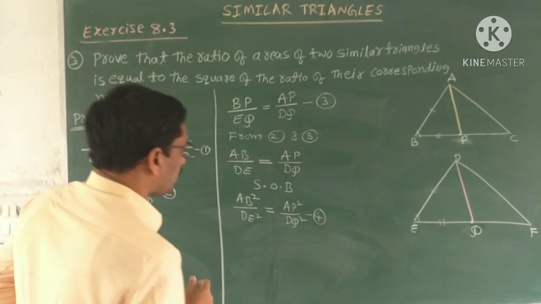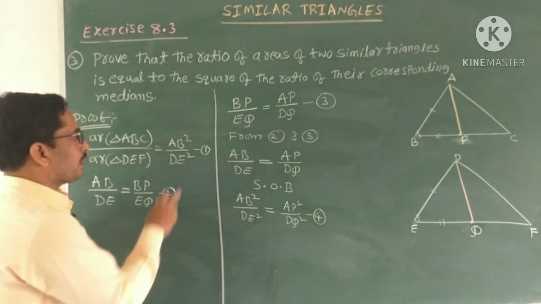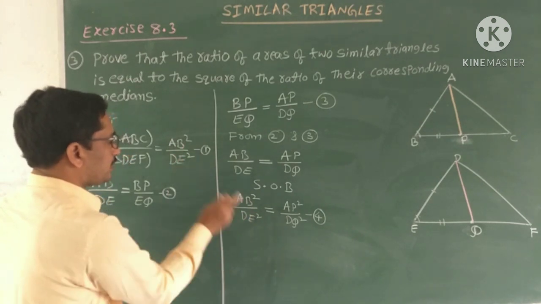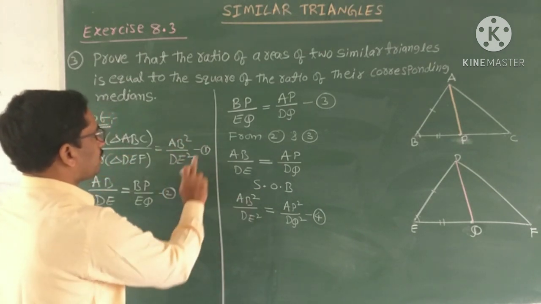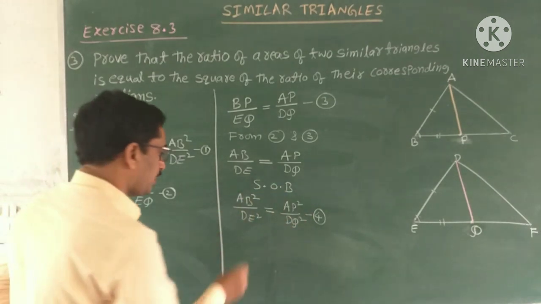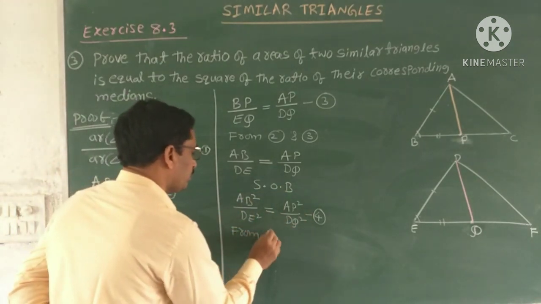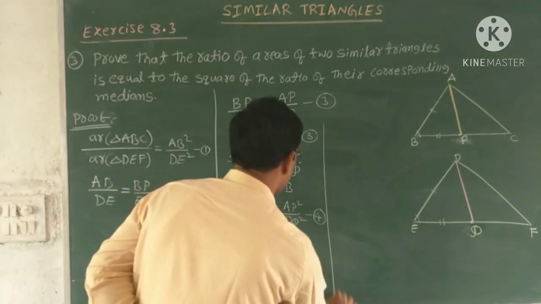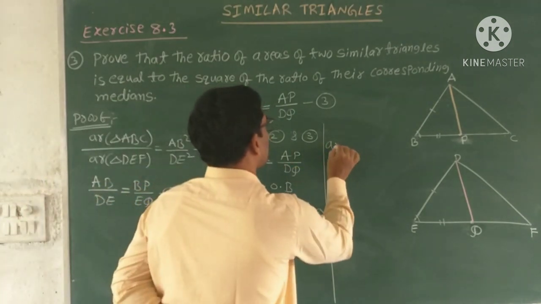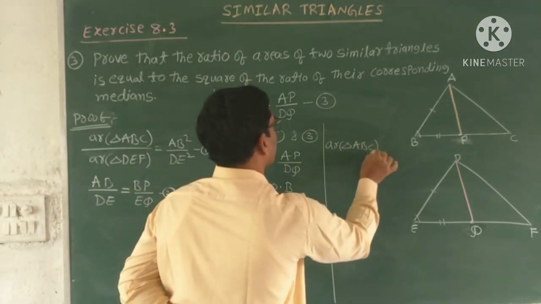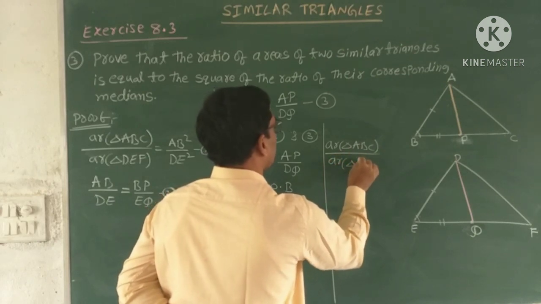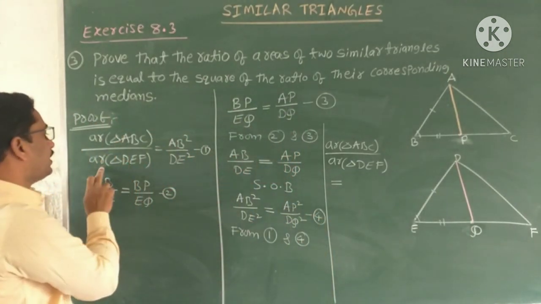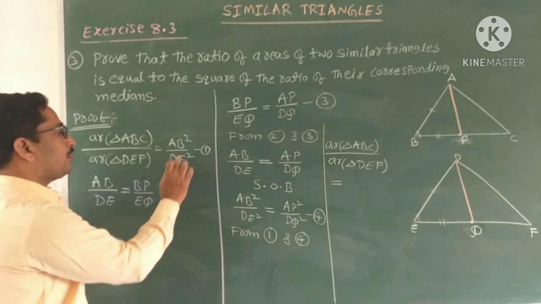Now see, from equations 1 and 4. In equation 1, AB square by DE square. Both are the same, so instead of AB square by DE square, write AP square by DQ square. So from equations 1 and 4, area of triangle ABC by area of triangle DEF is equal to AB square by DE square.